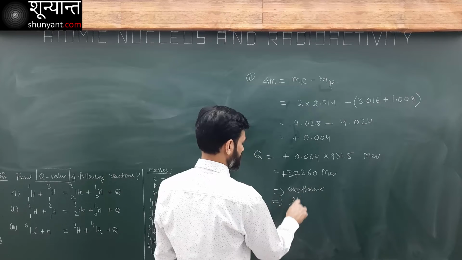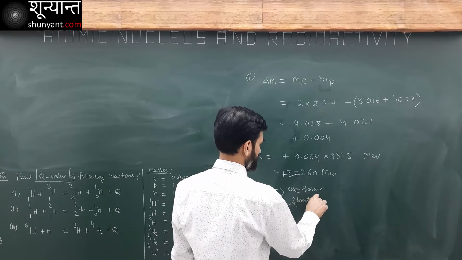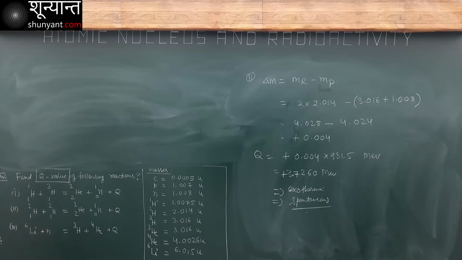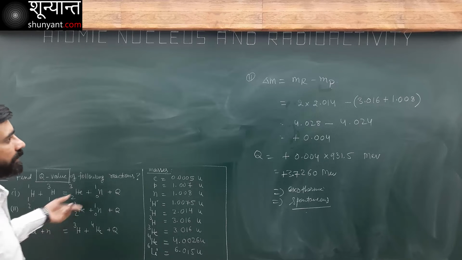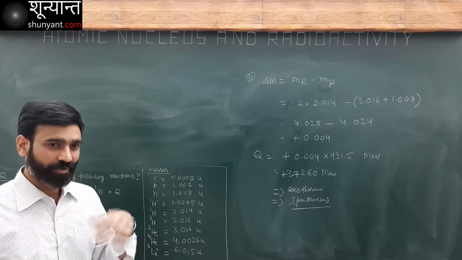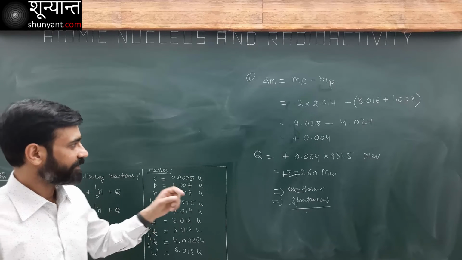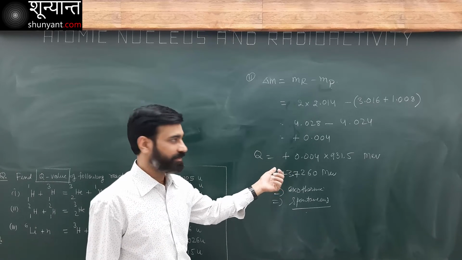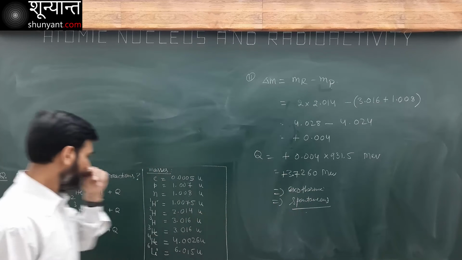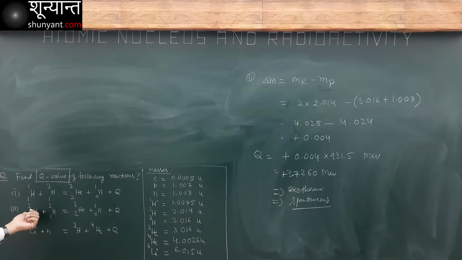It will be spontaneous. The mass of reactant is more than the mass of product. That means some mass has been converted into energy. So this much energy will come out. This is the Q value. That means this much energy will be released if this reaction happens.